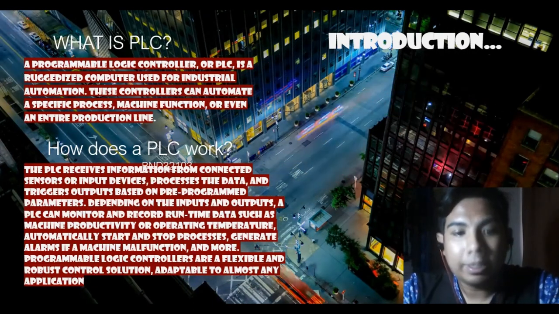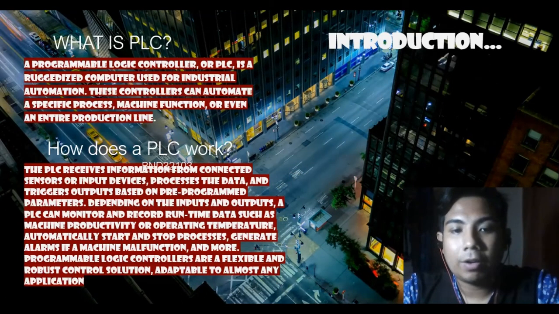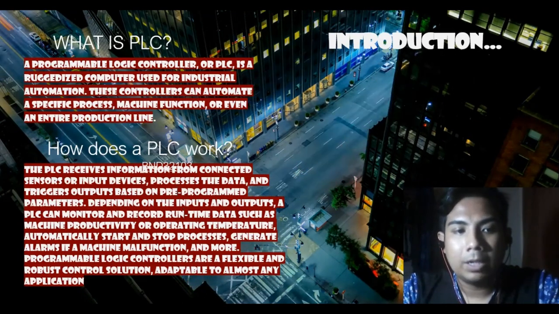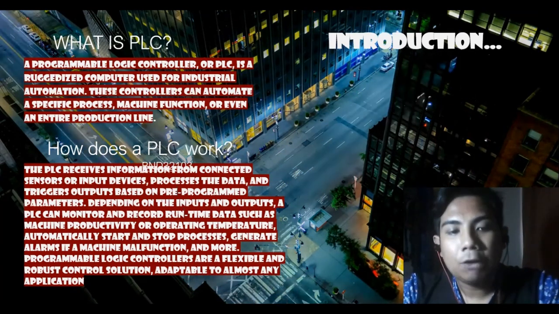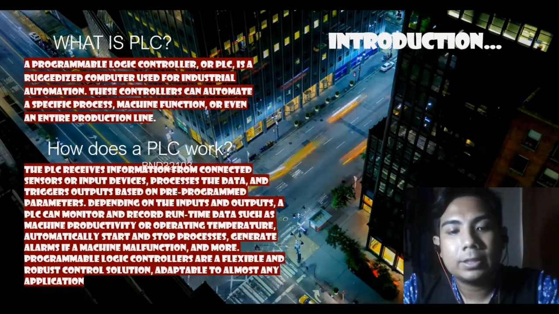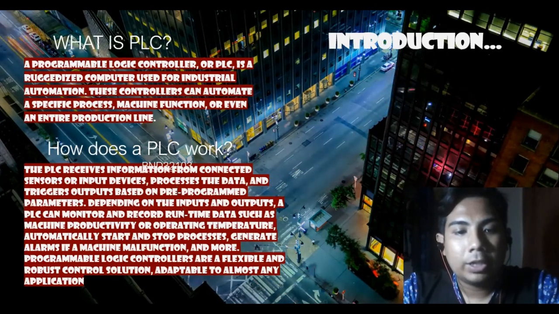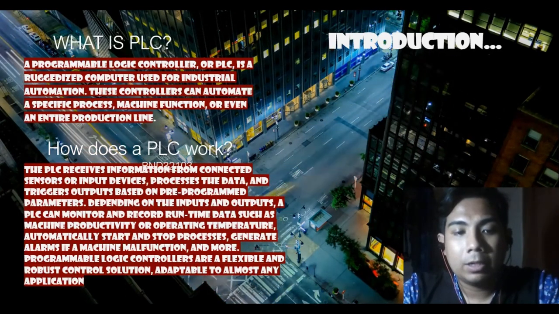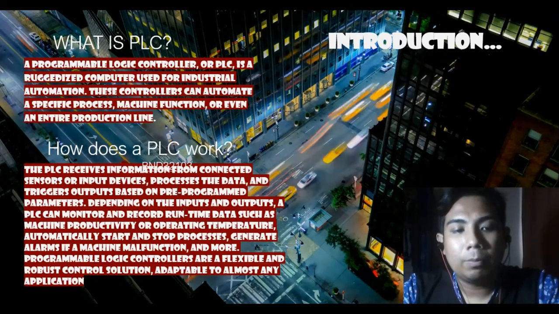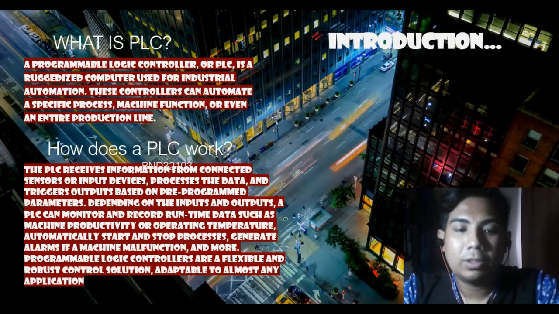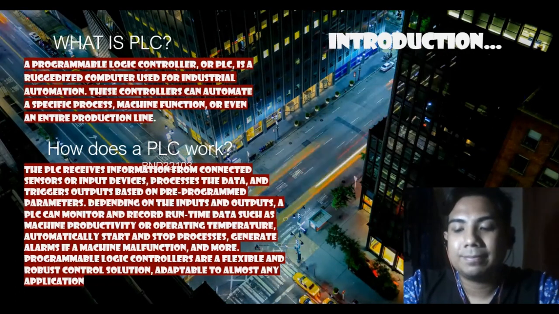Depending on the inputs and outputs, a PLC can monitor and record runtime data such as machine productivity and operating temperature, automatically start and stop processes, generate alarms if a machine malfunctions, and more. Programmable logic controllers are a flexible and robust control solution adaptable to almost any application.